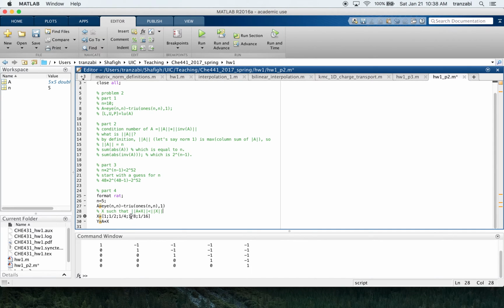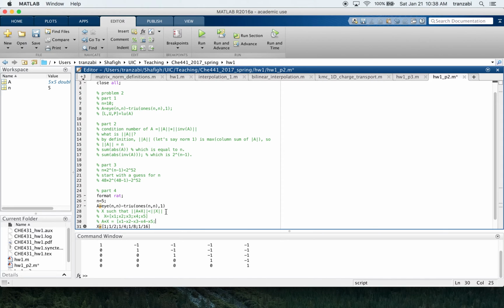If you multiply A by x, and we consider x as x1, x2, x3, x4, x5, then A times x would look something like x1 minus x2 minus x3 minus x4 minus x5.